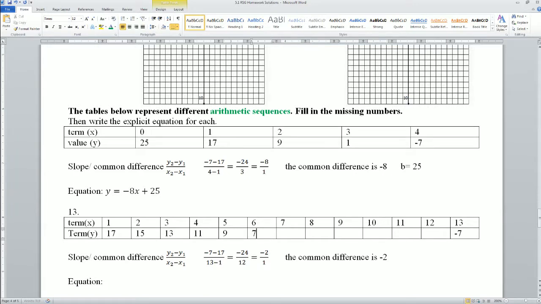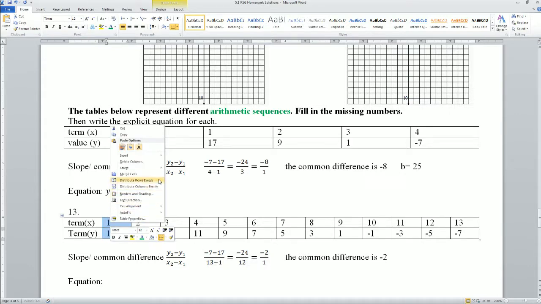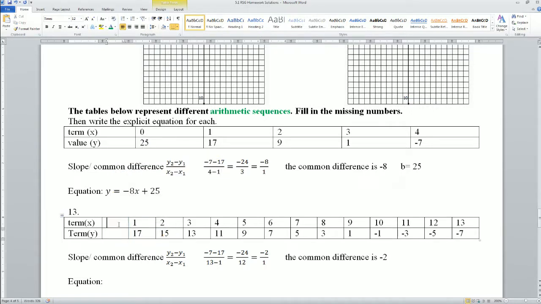Then it is 7. 5. 3. 1. Then negative 1. You keep minusing 2. Negative 3. Negative 5. Then negative 7.